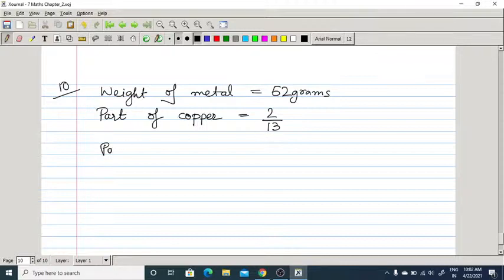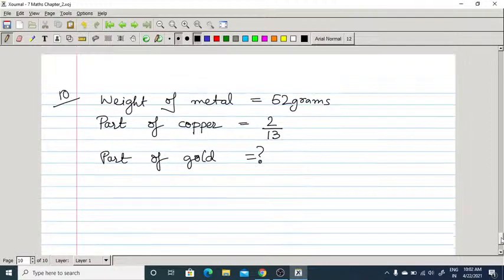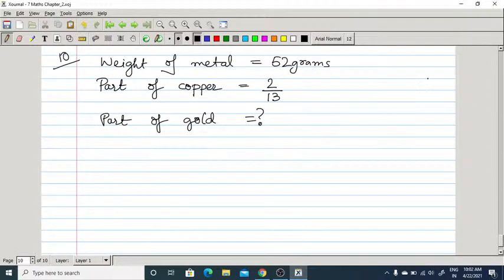The objective of the question is what part is gold. Now we know that in fractions the full thing is considered to be 1 and the different constituents of the whole thing are just fractions of it. So if 2/13 is copper, then the rest is gold.